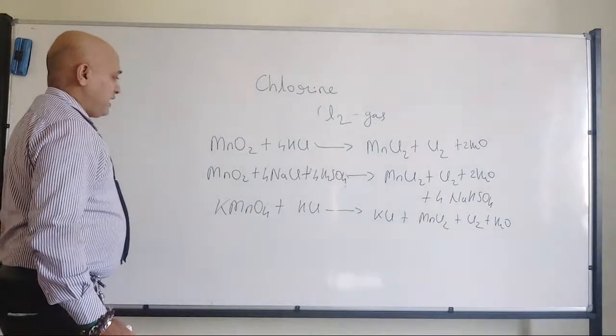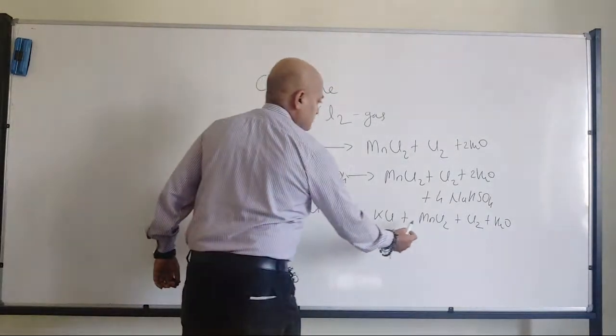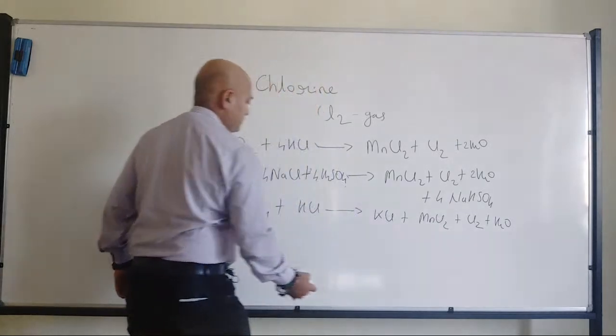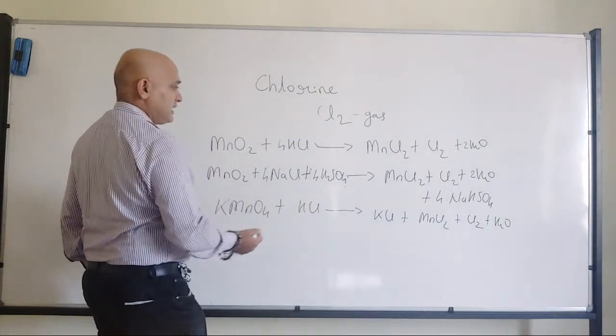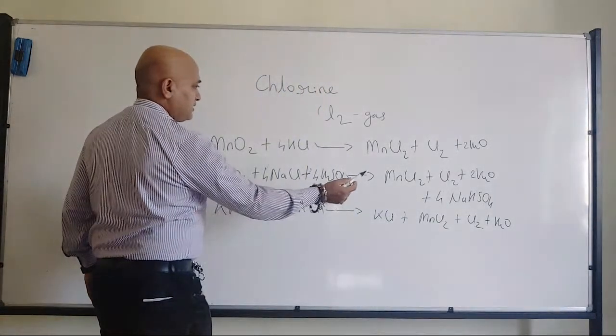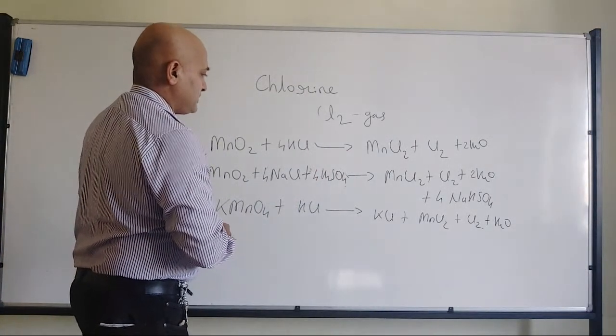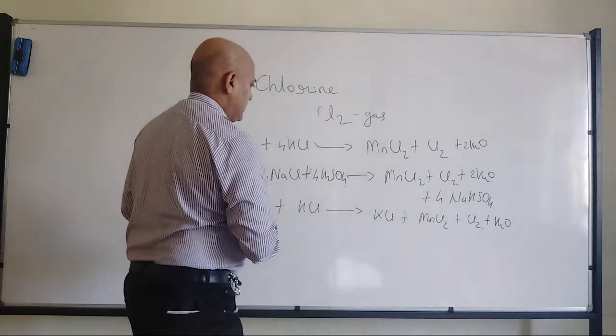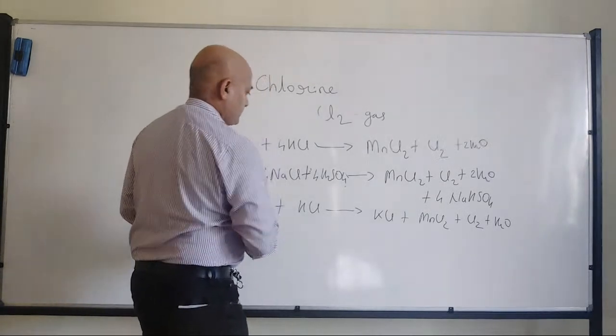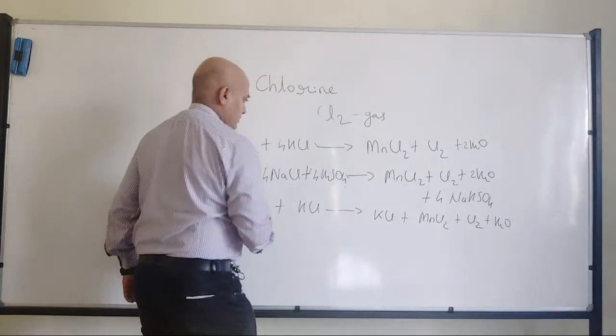Now once again we have to balance it, right? So 2, 2, 1, 5. So total 5 is there. But if I make it 5 here, it will not be balanced with respect to hydrogen. So we have to use a different strategy. Okay.